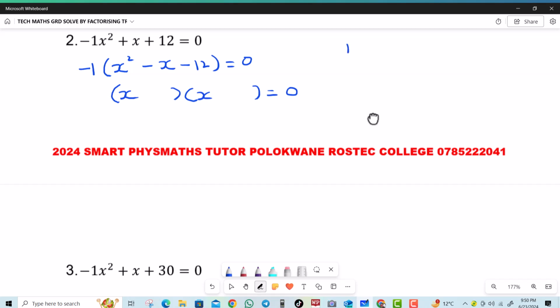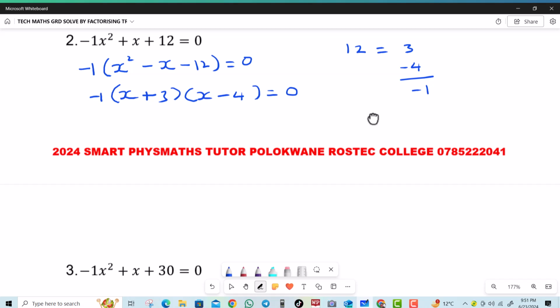We need two factors that multiply to get 12, but when you add, you get negative 1. In this case, we are going to have the 3 and negative 4, because when you add them, you get negative 1. So we're going to have here plus 3, and what about here? Negative 4. So don't forget our negative 1 this side.